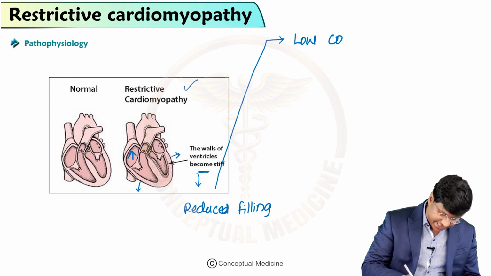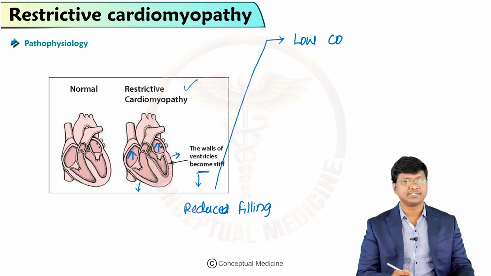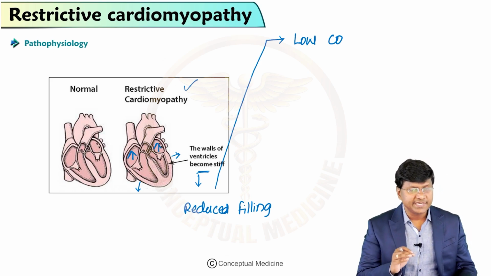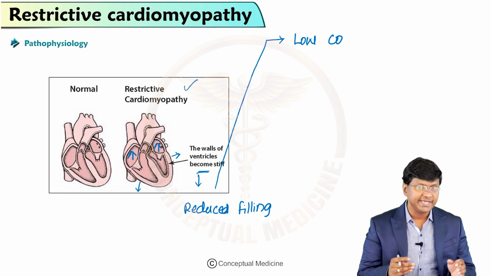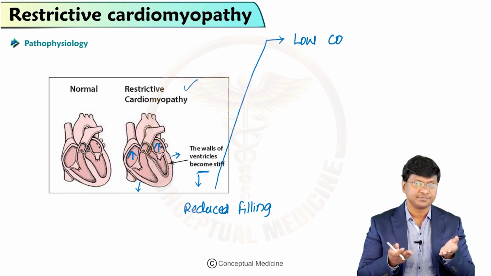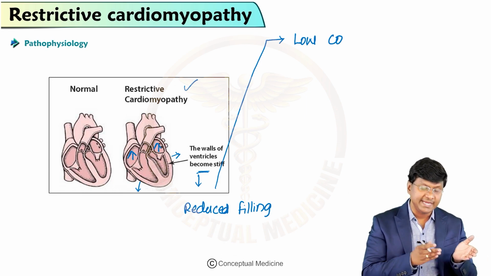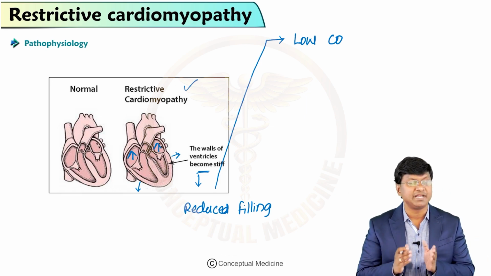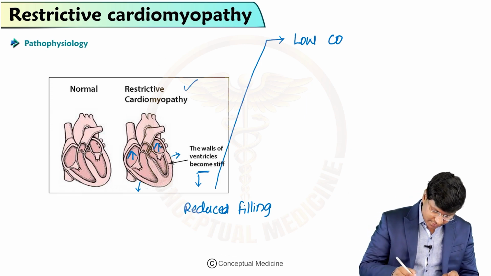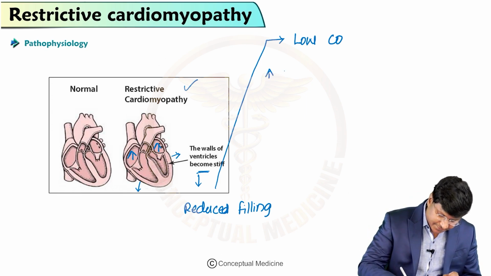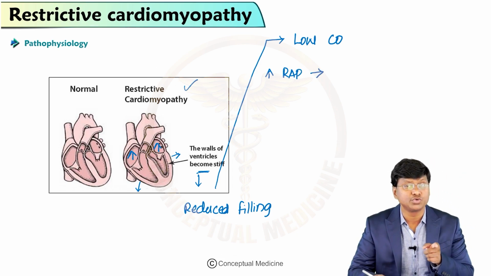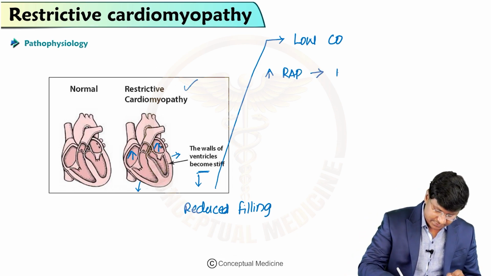Pressures within the atria increase, both in the right and the left atrium. Increased filling pressures cause elevation of pressure on the venous side and in the pulmonary veins as well. Because of increase in the right atrial pressure, there will also be increase in systemic venous pressure.